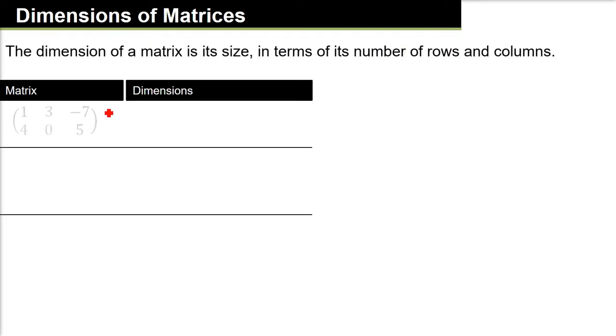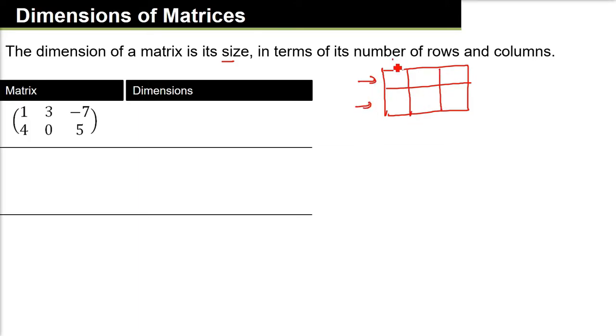When we talk about matrix, what is the dimension of a matrix? So if I say this is a matrix and I just ask you, what is the dimension of this particular matrix? You just have to tell the size in terms of rows and columns. Just assume this matrix to be in a tabular form, and these are the rows and these are the columns.